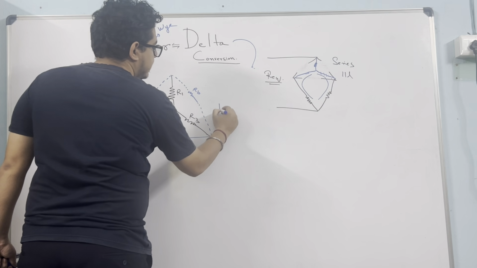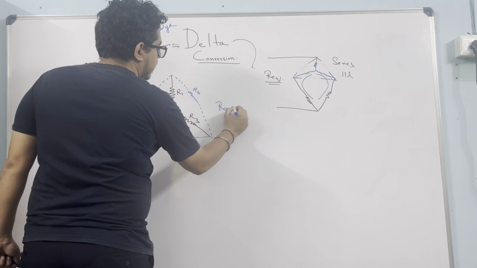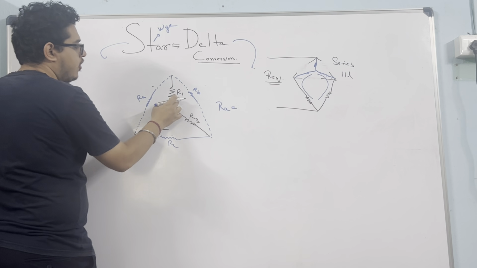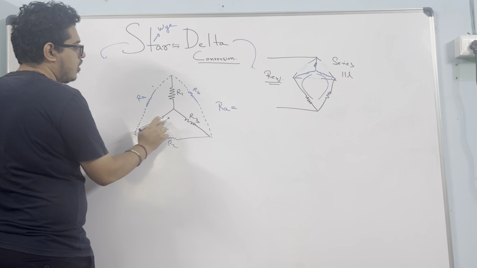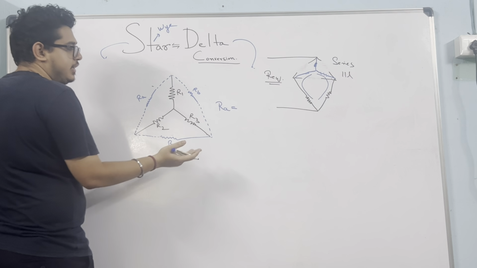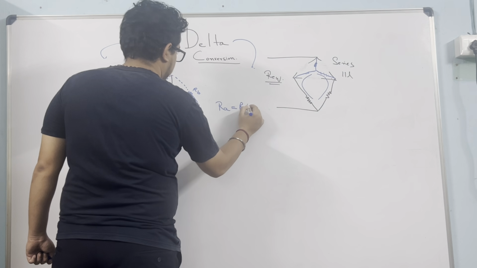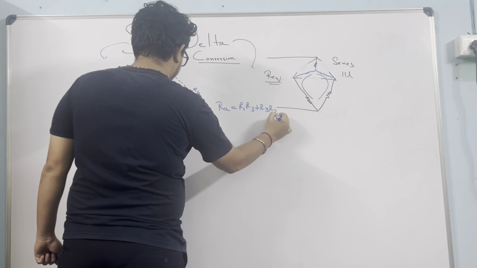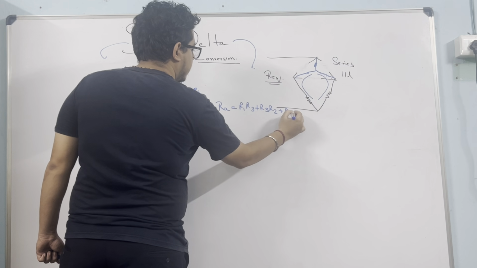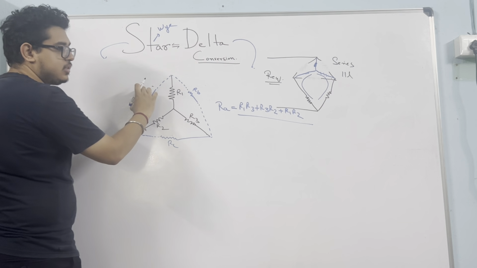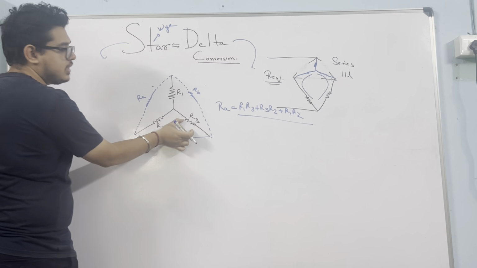The easy way to find RA: I have to take R1 into R3, R3 into R2, R2 into R1. So RA is R1R3 plus R3R2 plus R1R2, upon the opposite resistance of this delta, which is R3.